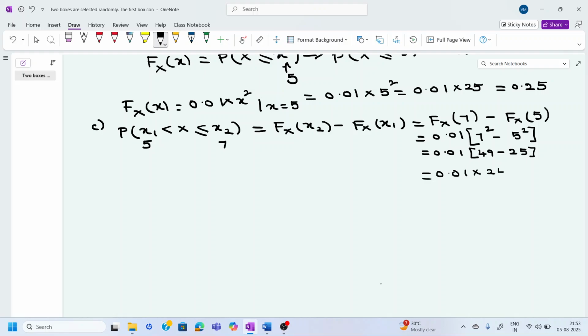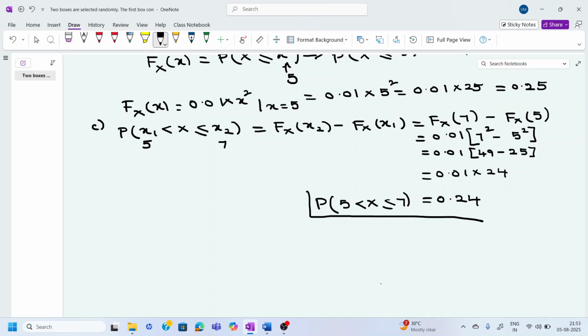So 0.01 into 24 is simply 0.24. So this is the value for the probability of x taking values between 5 and including 7. So this is the answer.